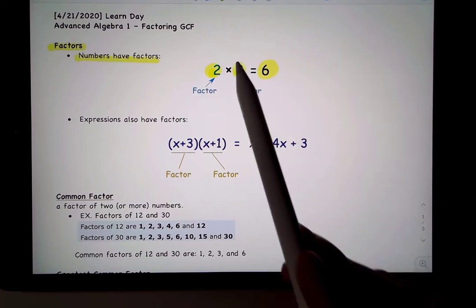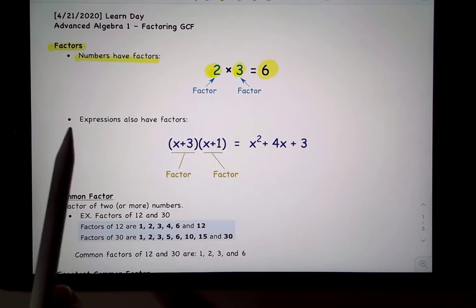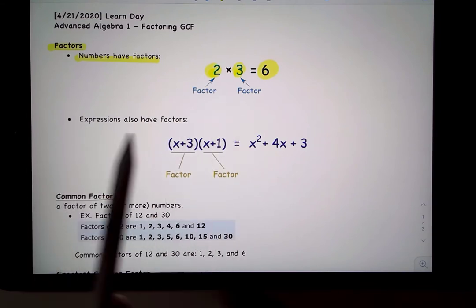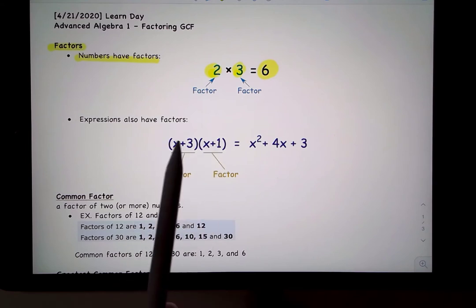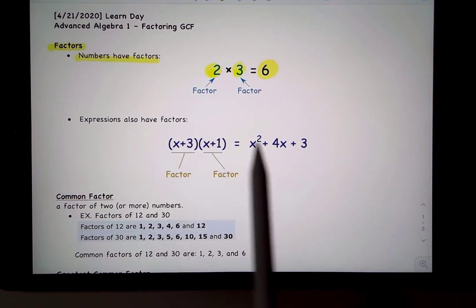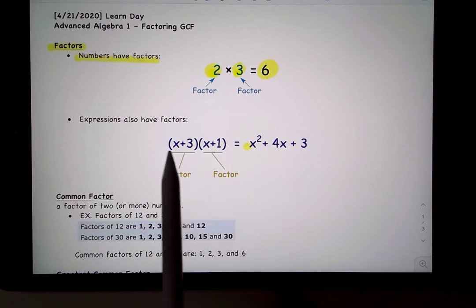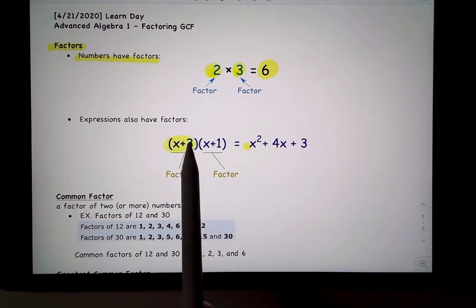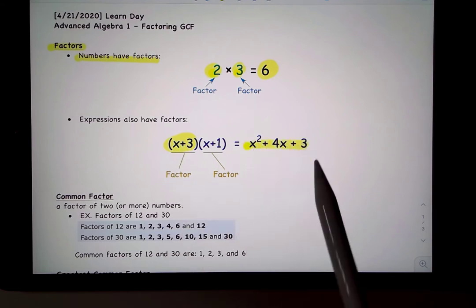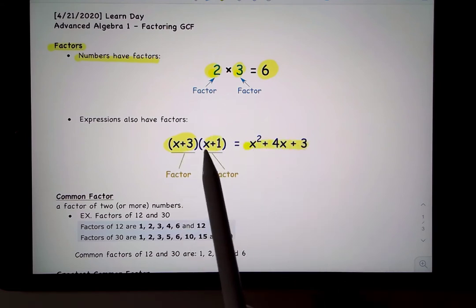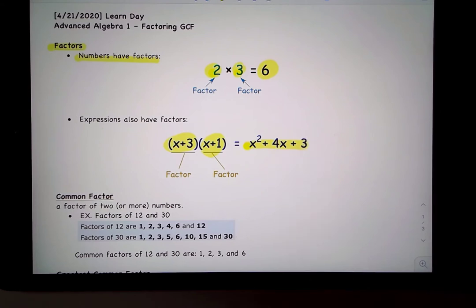That's a factor. Expressions also have factors. You have these two parentheses, and when you FOIL you get this expression. So this parenthesis is a factor of that expression, and this one is also a factor of that expression.